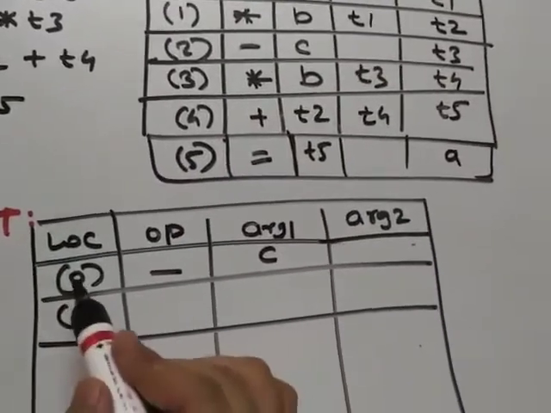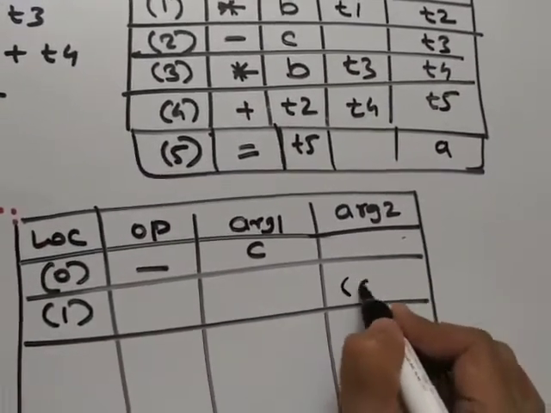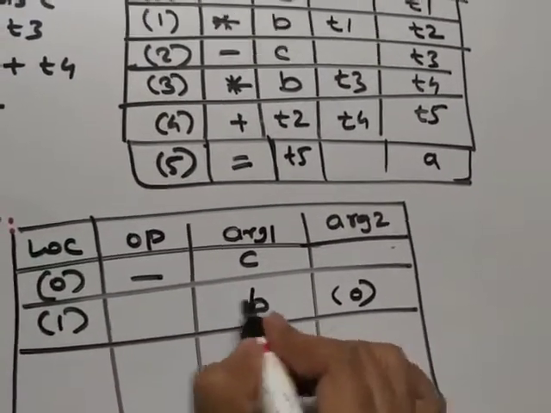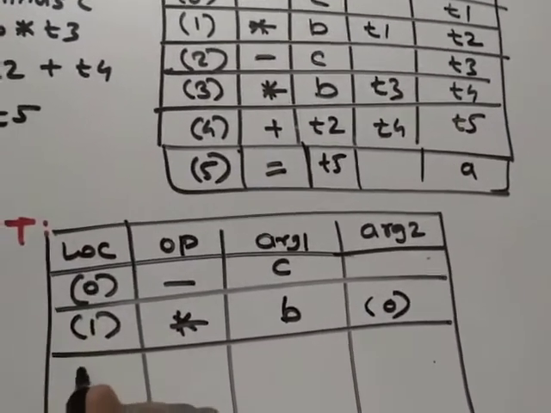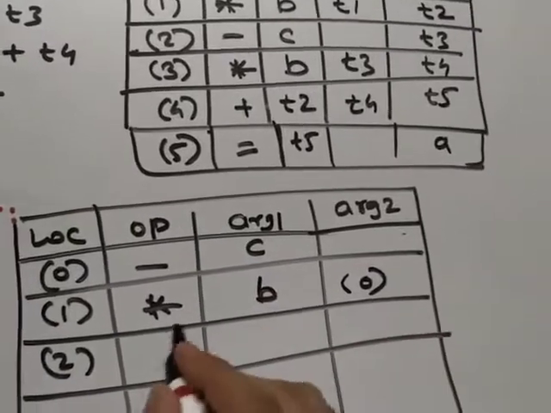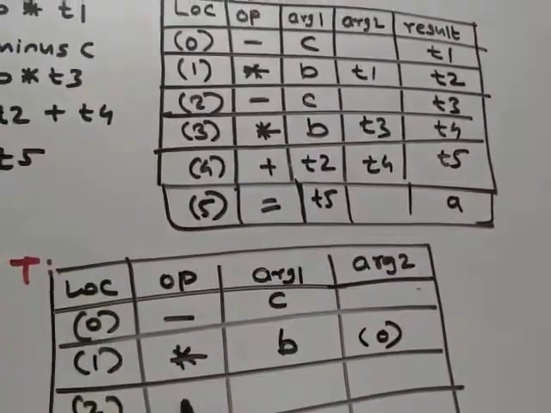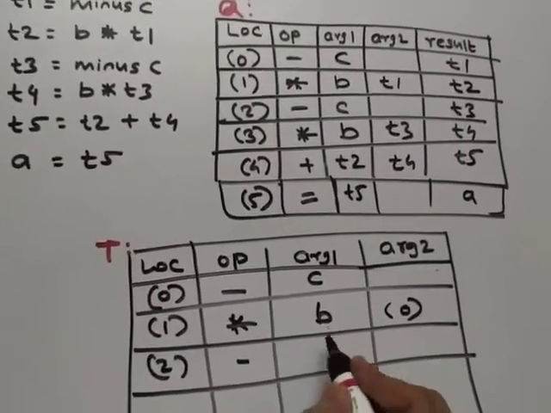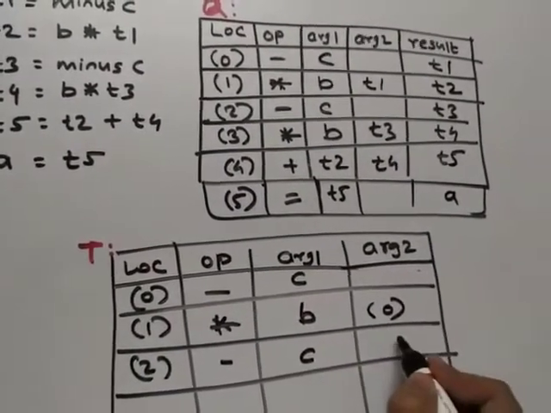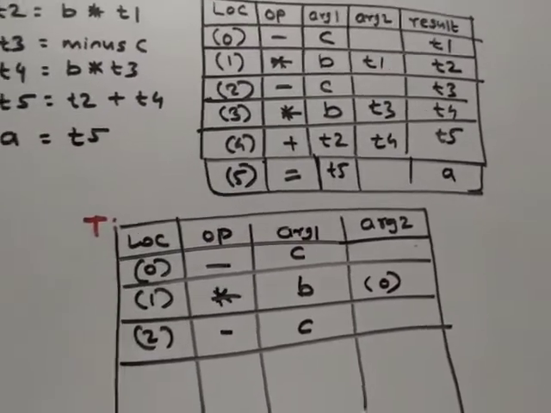Now T1 is at location 0, so the T1 argument will be location 0, and B is multiplied with that location 0 argument. Next, for the second location we will have unary minus, then C, and no second argument will be present.